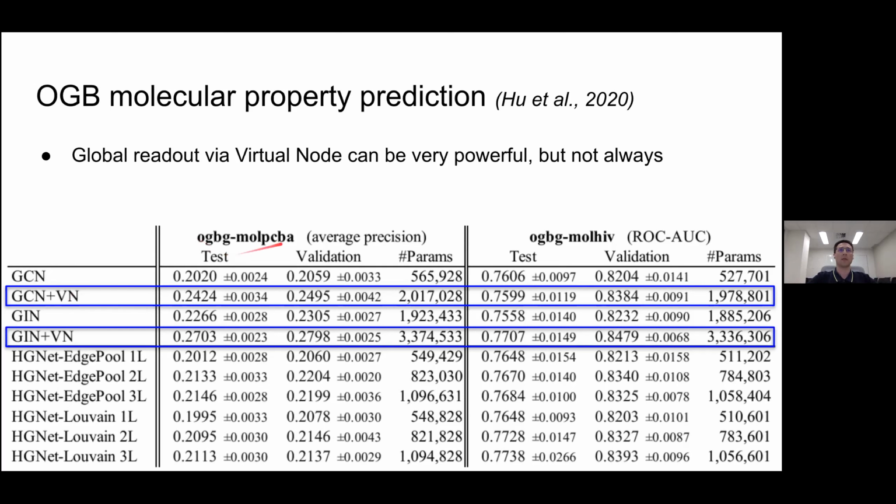And in case of MOL-PCBA, that's very important. We see that really improves the performance a lot. And that might show that in this case, for this benchmark, the global property of the molecule is more important than maybe some kind of complex dependencies. Some kind of global readout can just do really well.